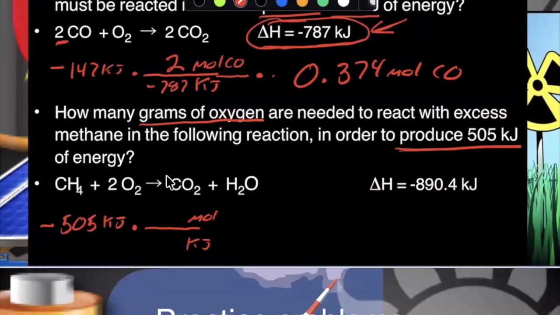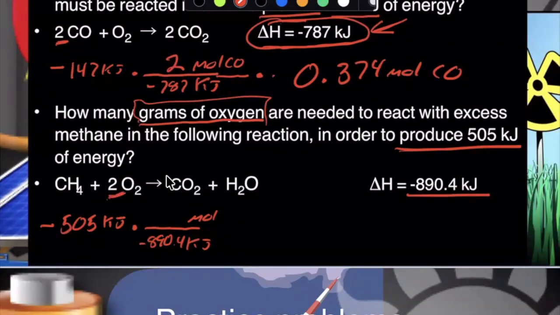In this case, for this reaction, negative 890.4 kilojoules. And again, we want grams of oxygen. We don't have that yet, but we do have moles. And this has a 2 in front of it. So in the case of oxygen, I am going to put a 2, 2 moles of O2.